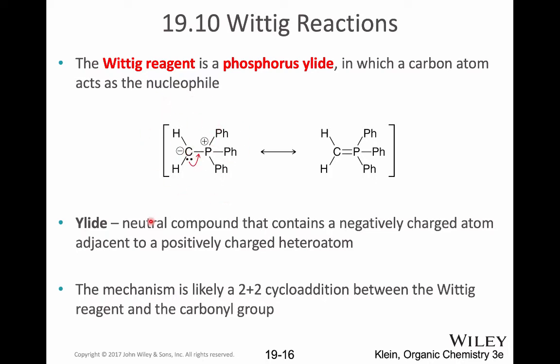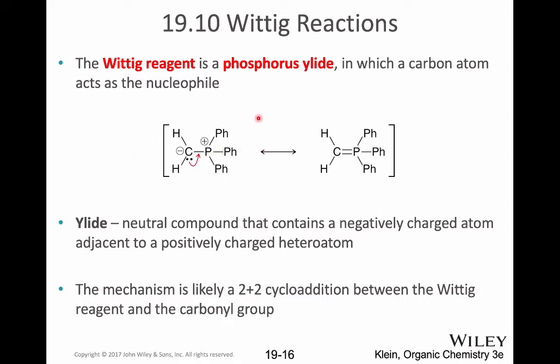This resonance structure turns out to be super important and super useful in thinking about what the phosphorus ylide looks like. And an ylide is a neutral molecule that contains a negatively charged atom adjacent to a positively charged heteroatom. And we have that situation here.